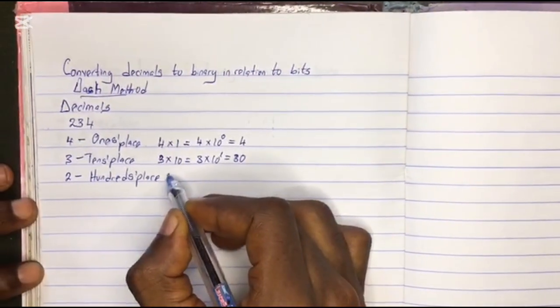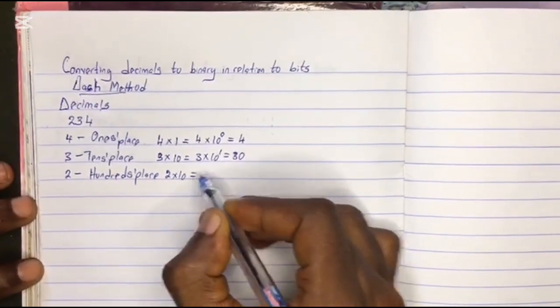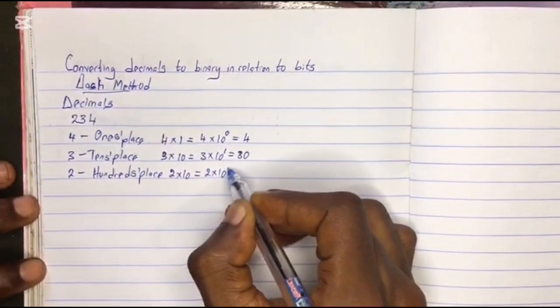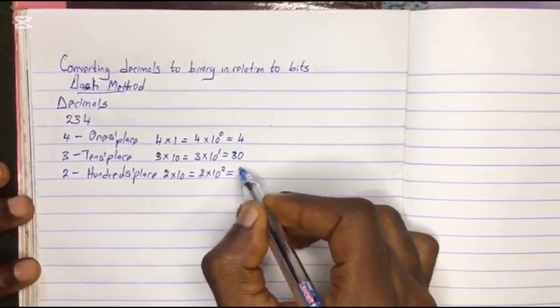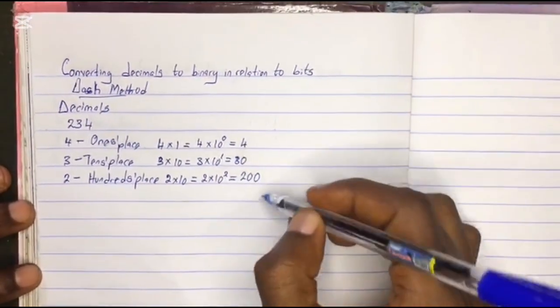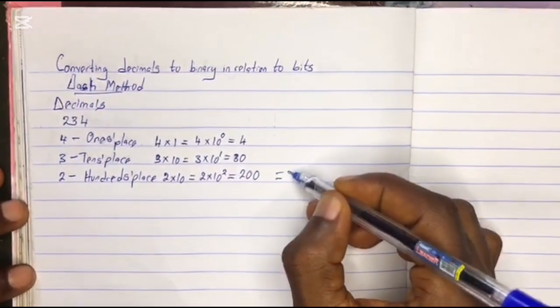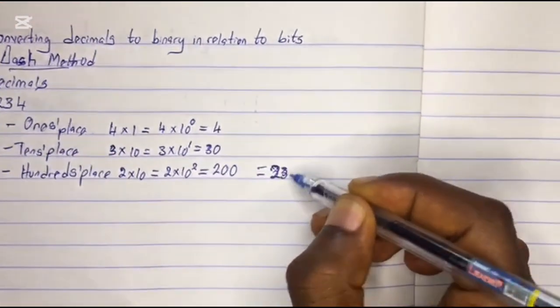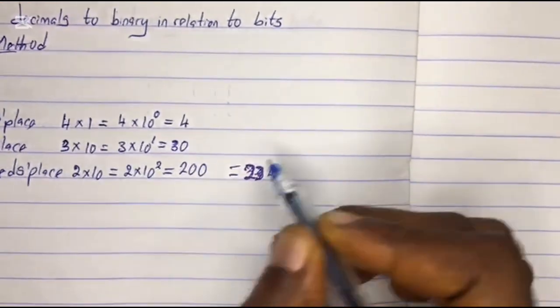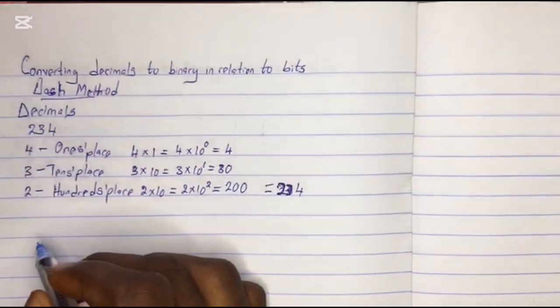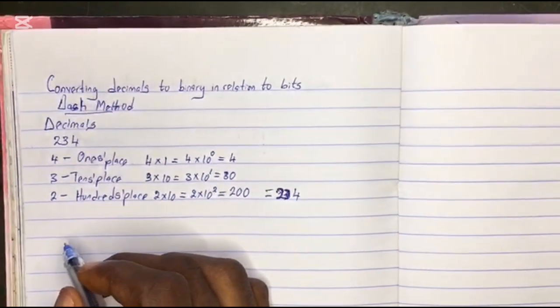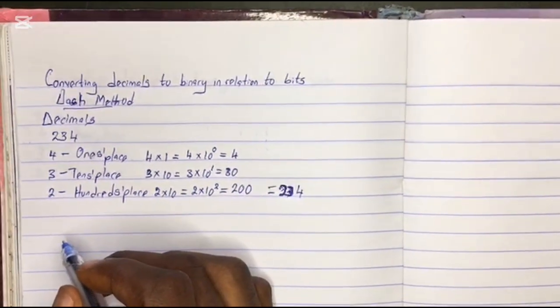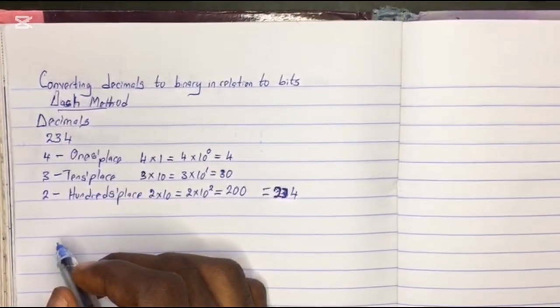Then 2 times 10 raised to the power of 2 equals 200. When you sum this up, you should have 234.